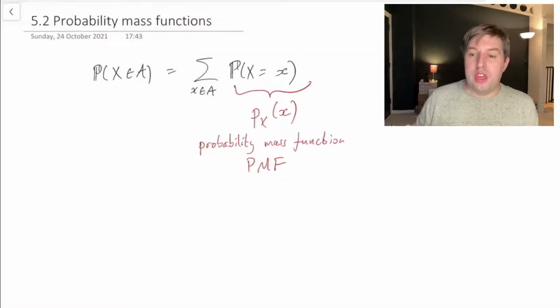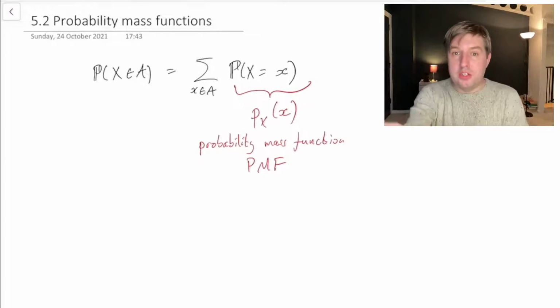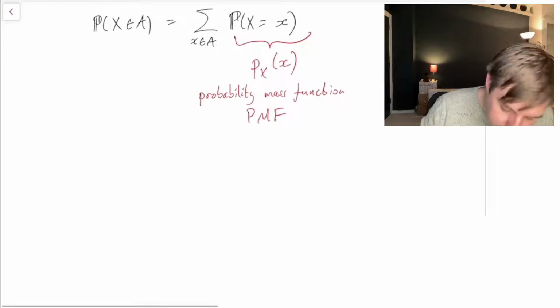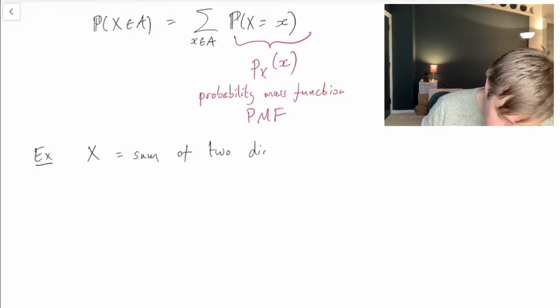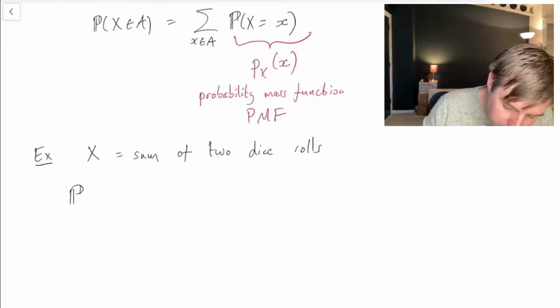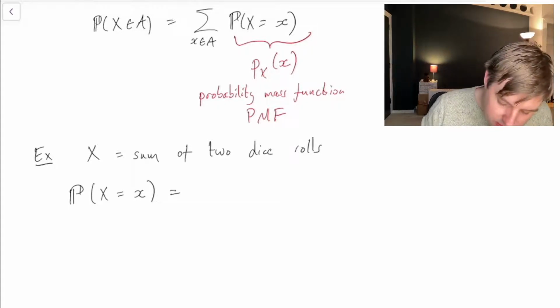So let's think of the example of rolling 2 dice and looking at the total, which we looked at in subsection 5.1. So here's an example. If X is the sum of 2 dice rolls, then we know that the probability of rolling the total X, well, this is a classical probability, so it's something over 36.